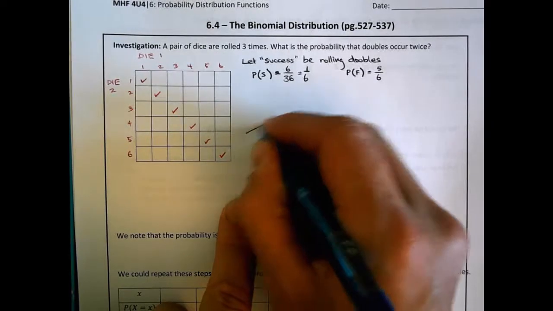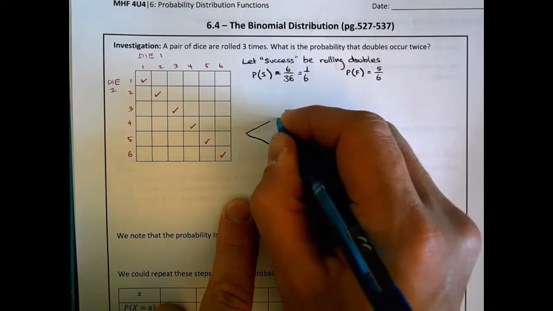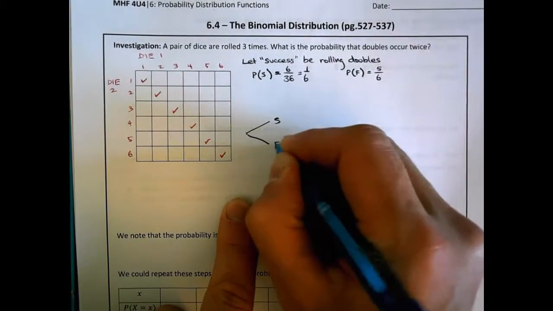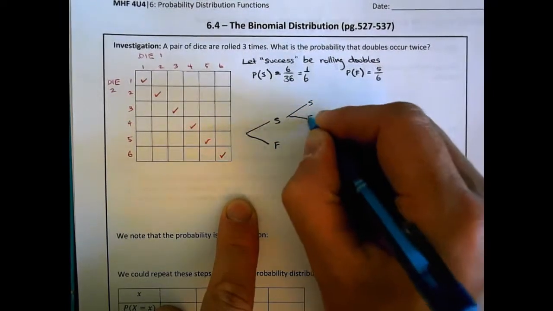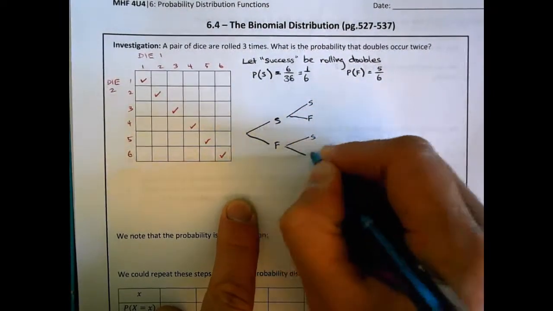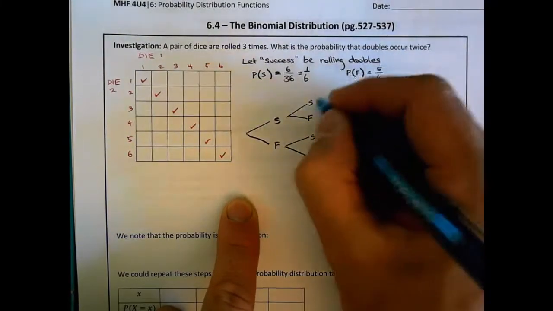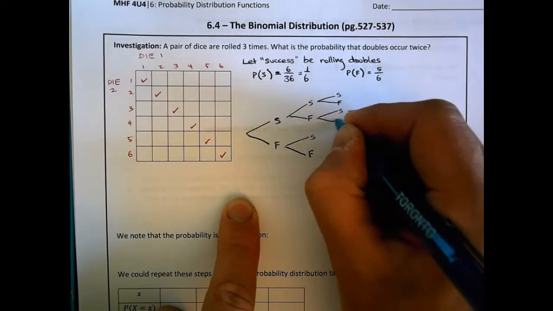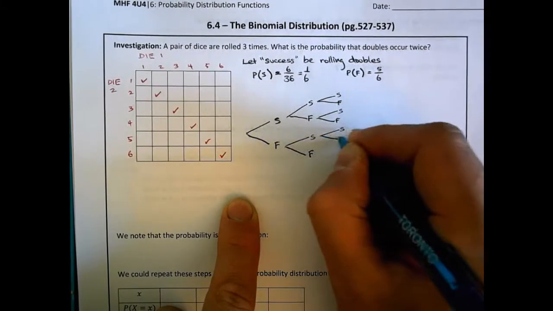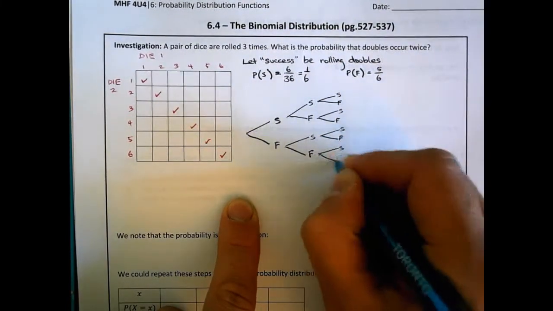So I have my first roll, and I can have success or failure. Then on my second roll, I can have success or failure. Then I have a third roll, and again, success or failure.